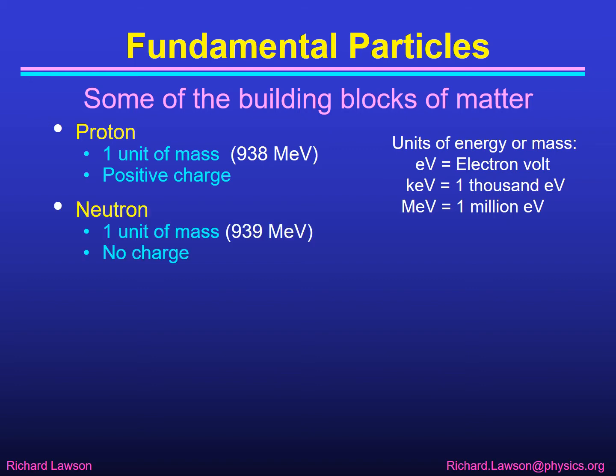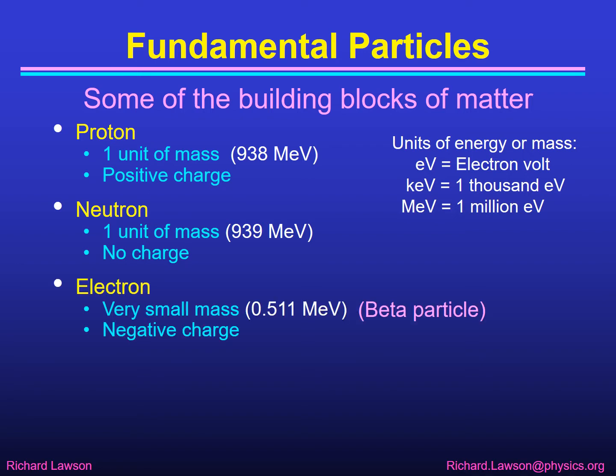The neutron has also 1 unit of mass, only very slightly heavier than the proton, and it has no electric charge. It is neutral. The electron has a very small mass and a negative electric charge. In fact, its mass at 0.51 MeV is 2,000 times lighter than either the neutron or the proton, so compared with them its mass is negligible.